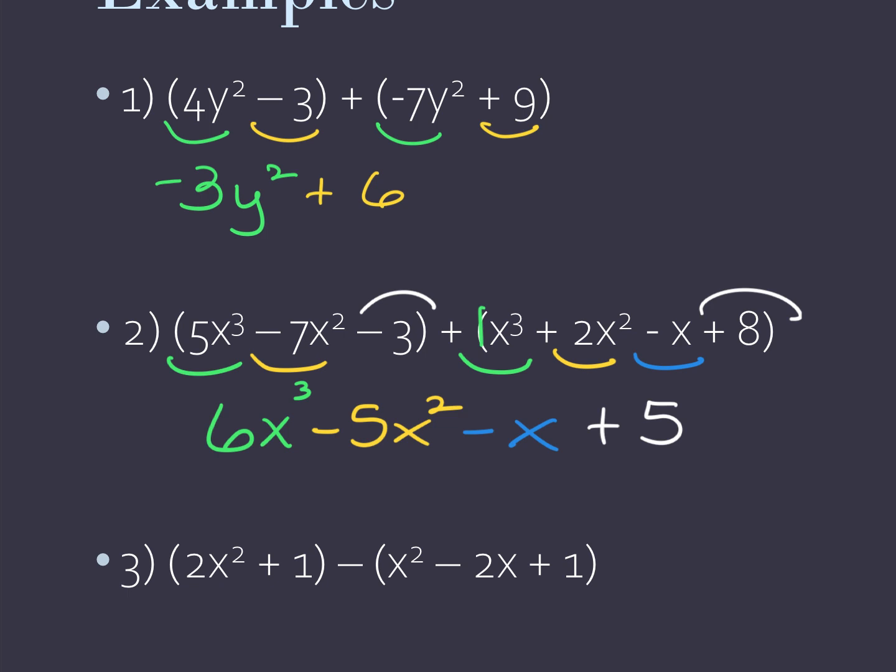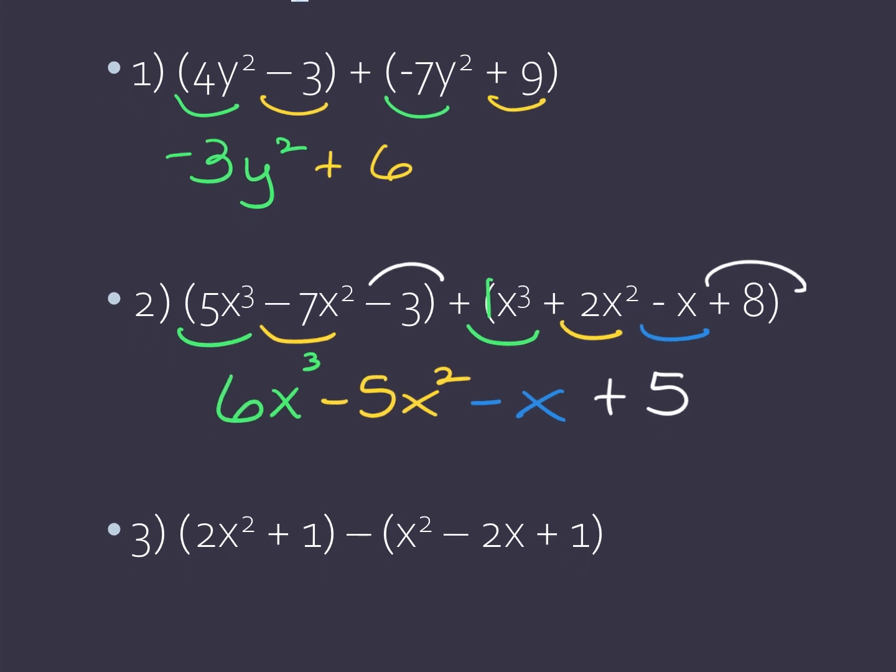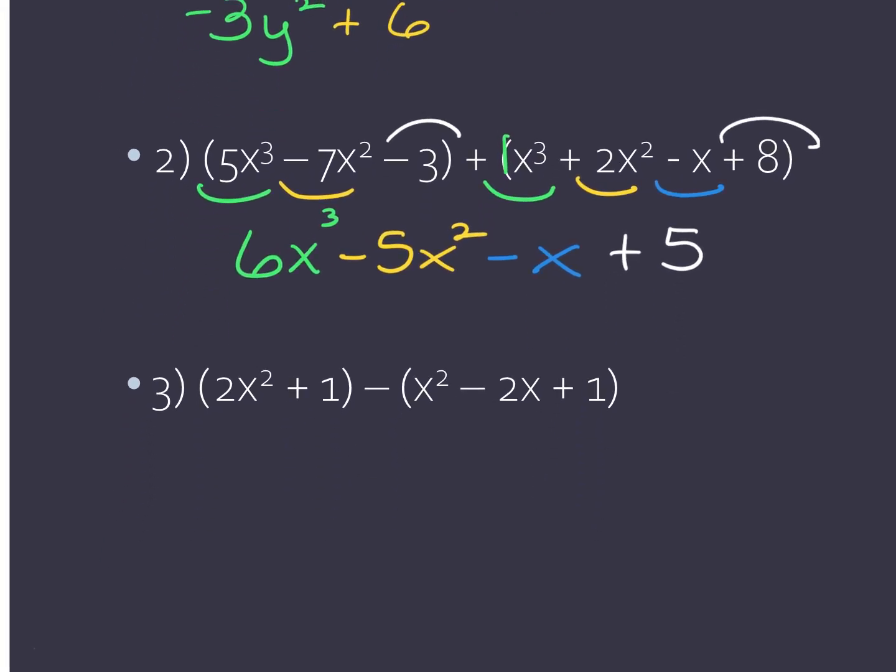Now the next example is a subtraction. What I like to do on my subtracting of polynomials, when I used to teach adding and subtracting integers to middle schoolers, I would tell them a trick called keep, change, flip. Or maybe your teacher said stay, change, change. I'm going to apply that same thing to my polynomials.